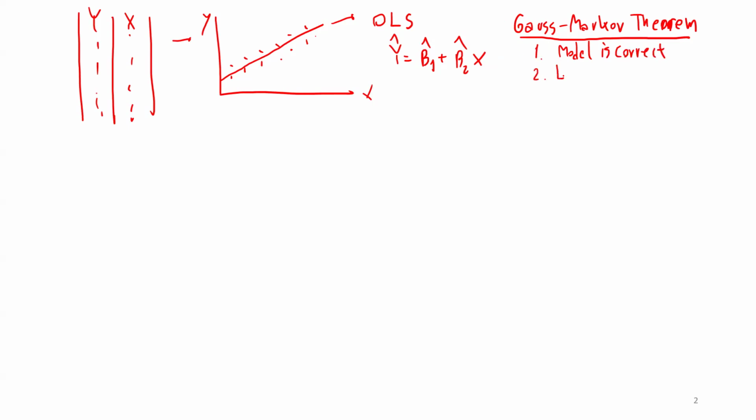Second, expected error is 0. Third, variance of error is constant. Fourth, covariance of error is 0. Fifth, x is non-random.